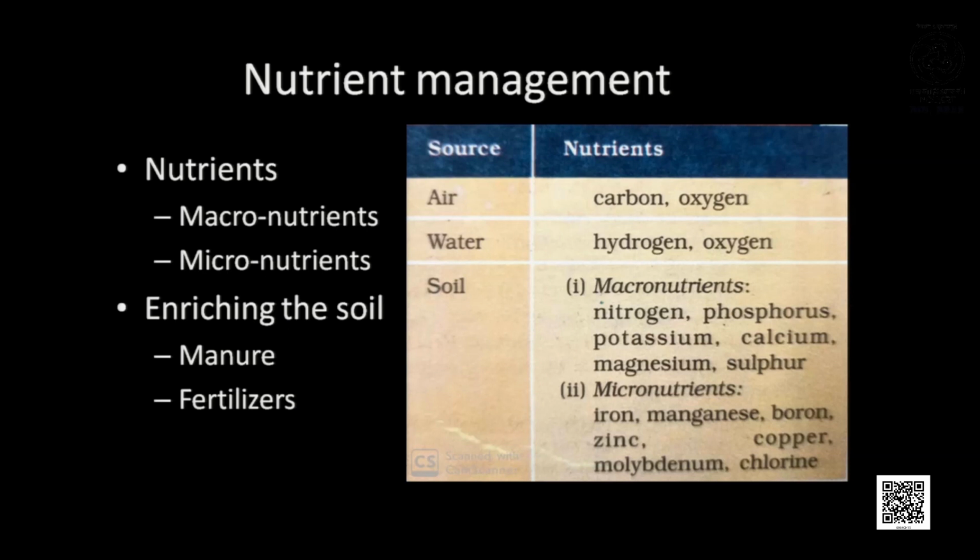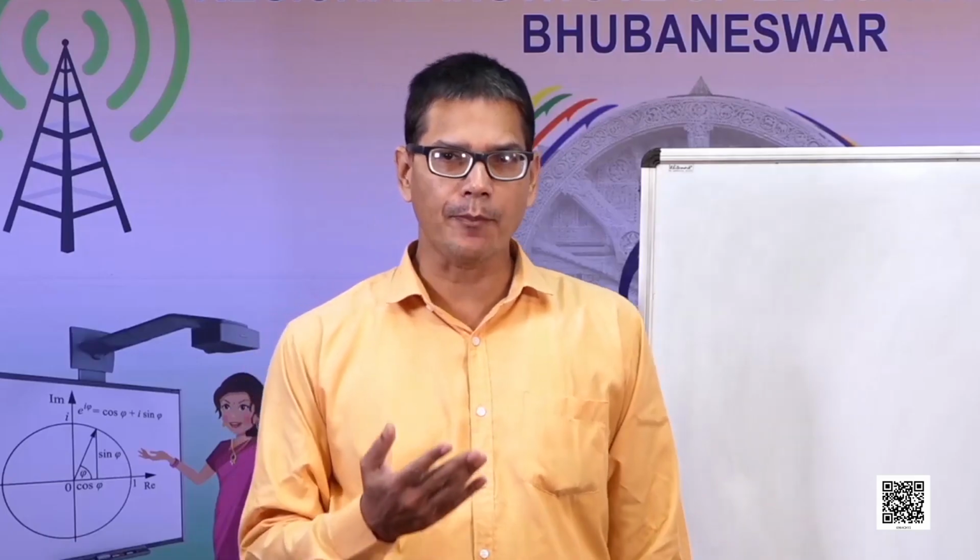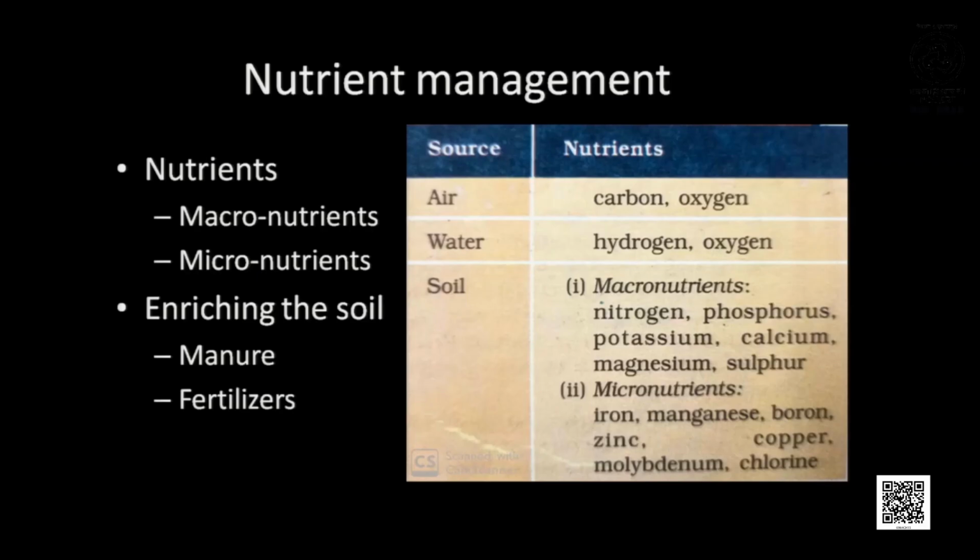The nutrients required in large quantities are called macronutrients, whereas those required in small quantities are called micronutrients. Examples of macronutrients are nitrogen, phosphorus, potassium, calcium, magnesium, and sulfur. And examples of micronutrients are iron, manganese, zinc, copper, etc.